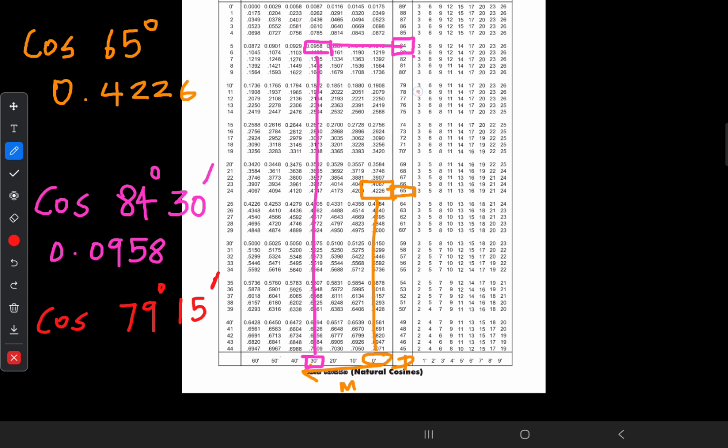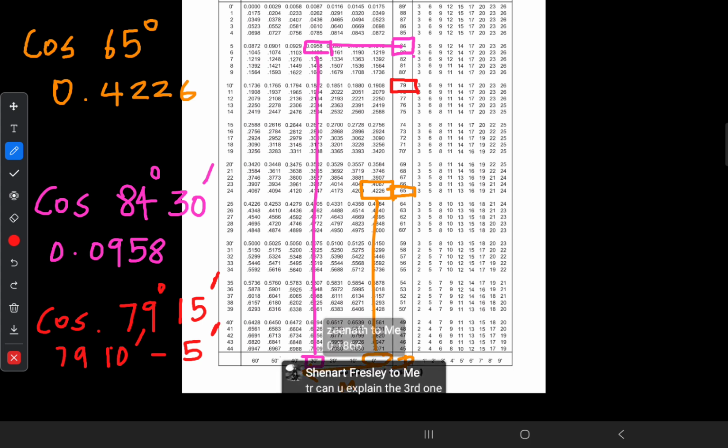79 degrees means here we have 15 minutes. So first of all you have to find 79 degrees 10 minutes. From that you have to subtract the 5 minute mean difference.